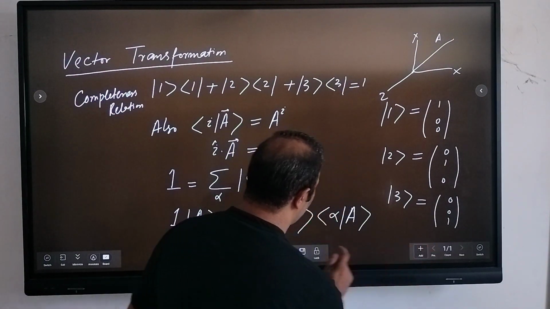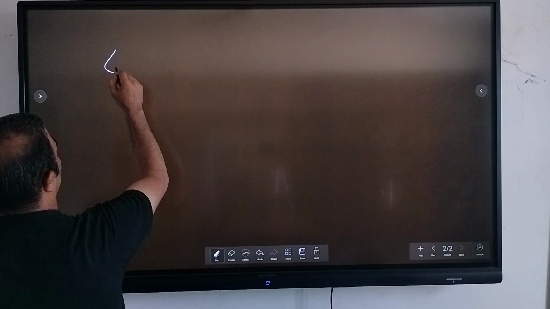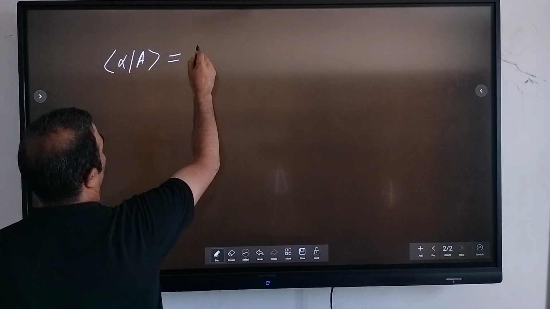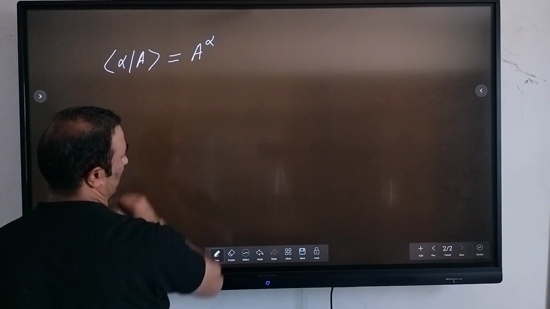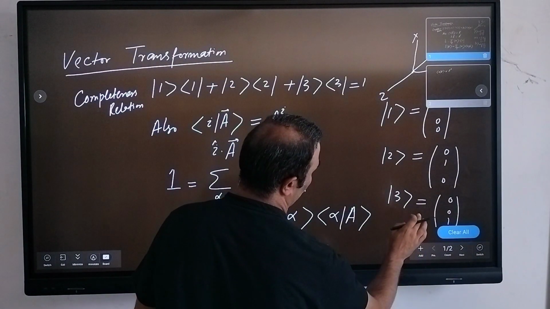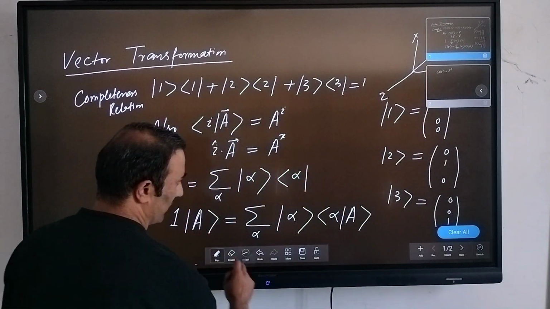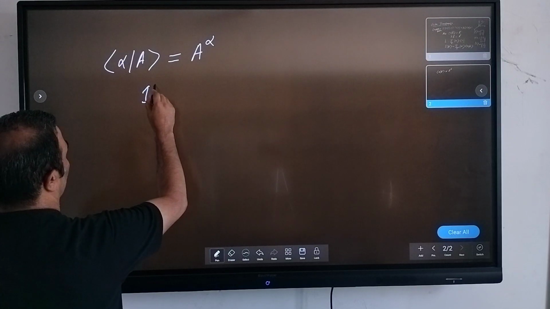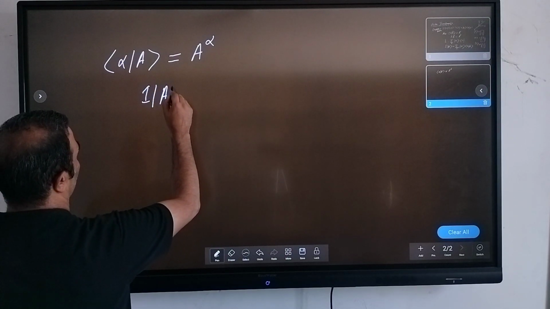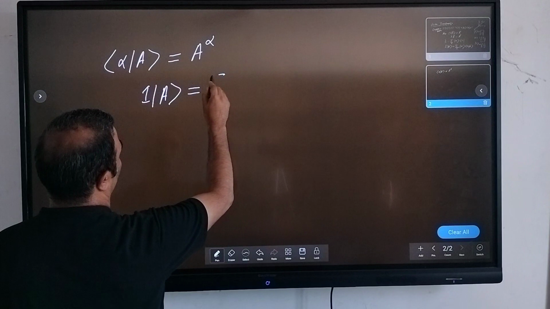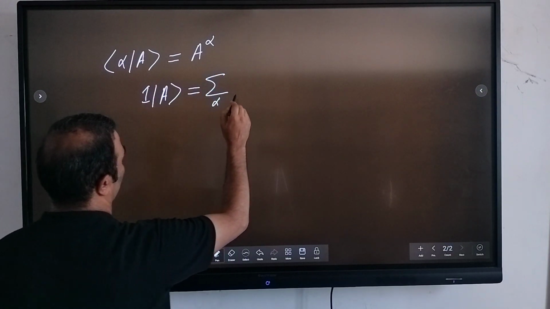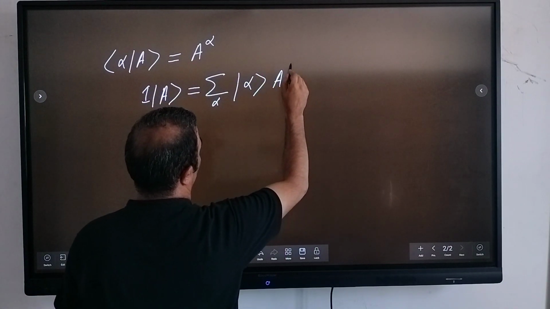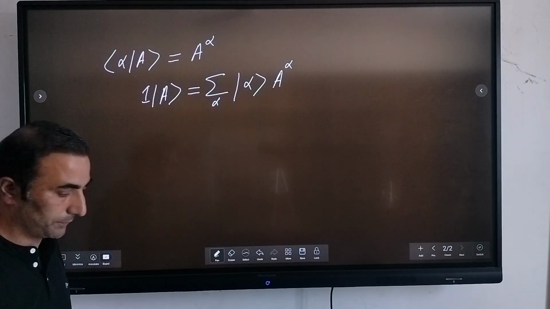Right? So we can write now, because our this will be equal to, yeah, right? So if I use this property, because we have this I with alpha, that is equal to, so, okay, right.